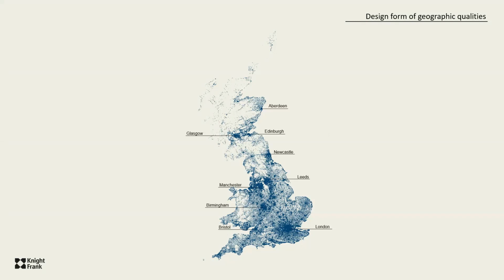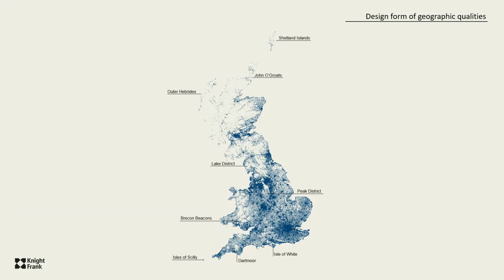We can easily identify using the data alone the locations of populated places, but also more unique geographies. In the southwest of England, we can see an absence of people moving house, which is evidently Dartmoor National Park, and that outcrop of data points of people that have moved house is evidently the Shetland Islands.